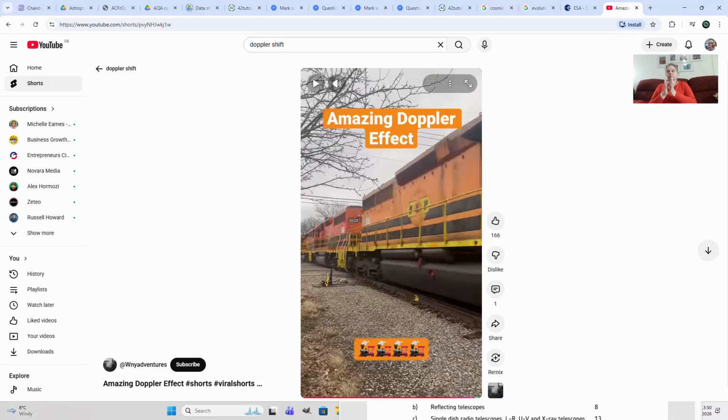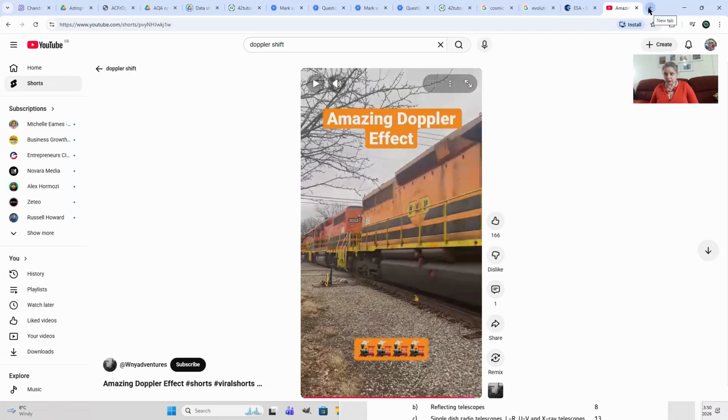So you end up with a higher pitch in terms of sound, or a higher frequency. Okay, so this is a higher frequency wave because the source is coming towards you. When the source is moving away from you, you end up with a lower frequency.